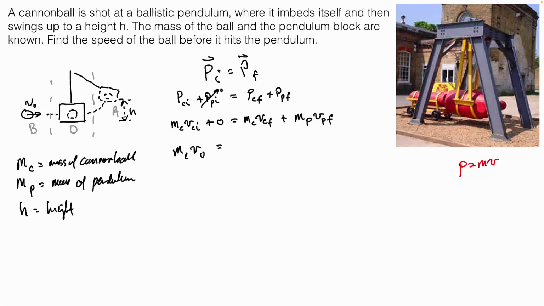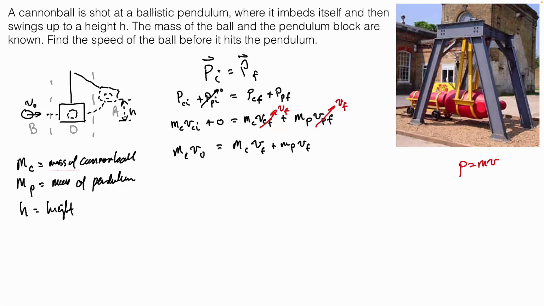We can go about this several ways. I'll do it in detail. Mass of the cannonball, and then I'm just going to write V. Can I write V, or do you want VF for final? VF feels better. Plus mass of the pendulum VF, because both of these are the same. They're both VFs.